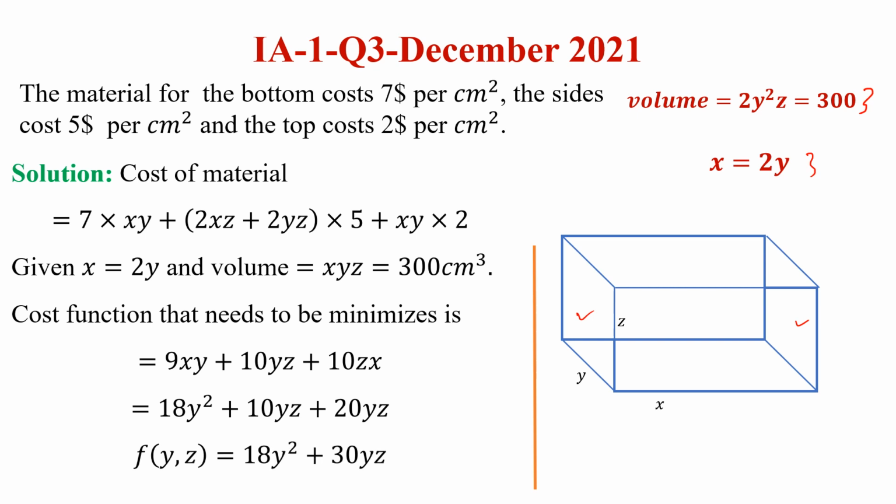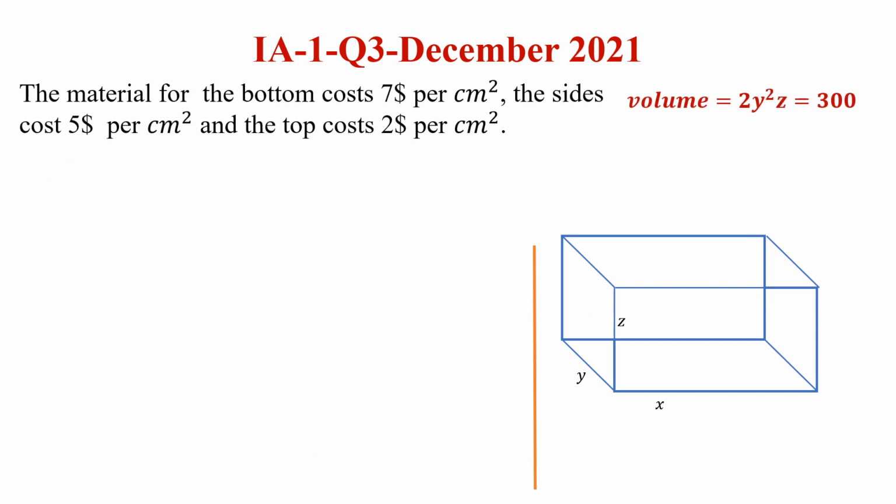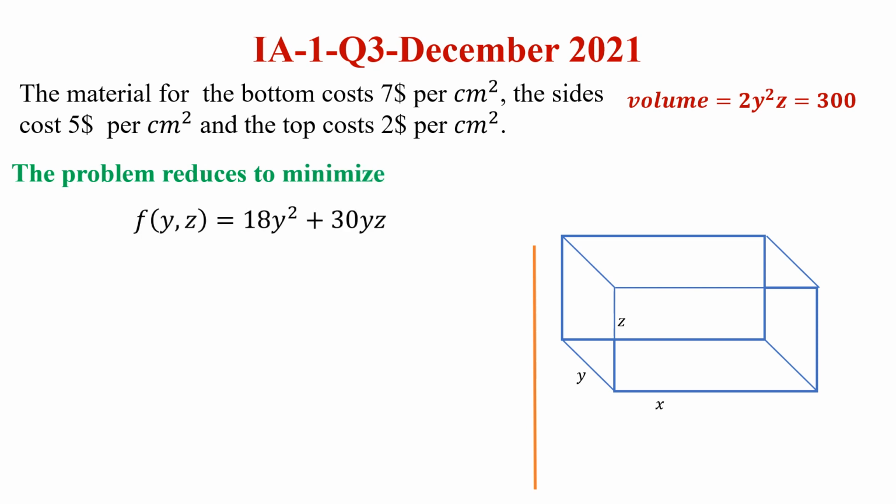So our minimizing function is f(y,z) equal to 18y square plus 30yz. So this is your minimizing function.